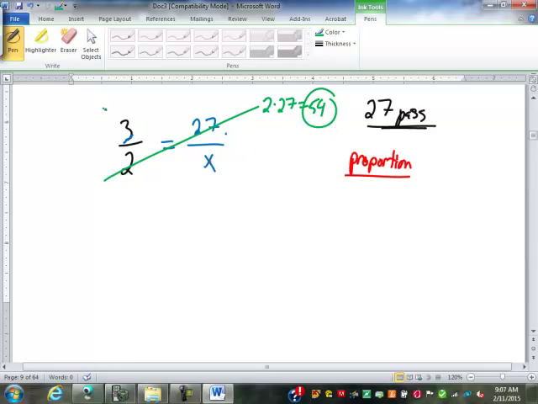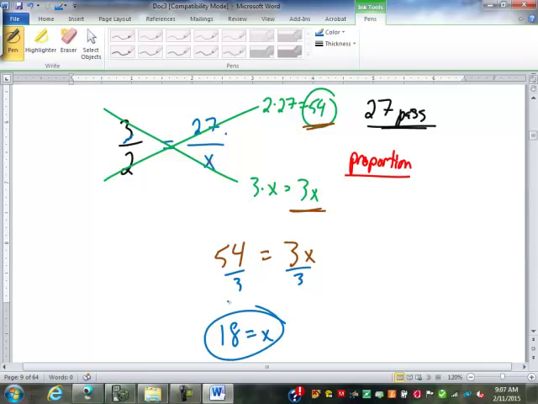Then multiply the other diagonal. 3 times x, which of course is just 3x. Those 2 diagonal products, those cross products as they're called, have to be equal. 54 has to equal 3x. So now we're going to divide by 3, get 18 equals x.